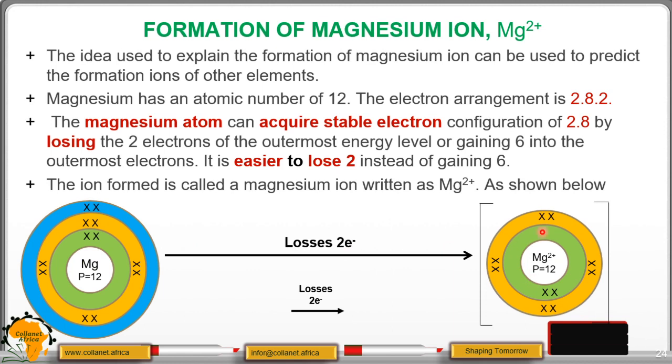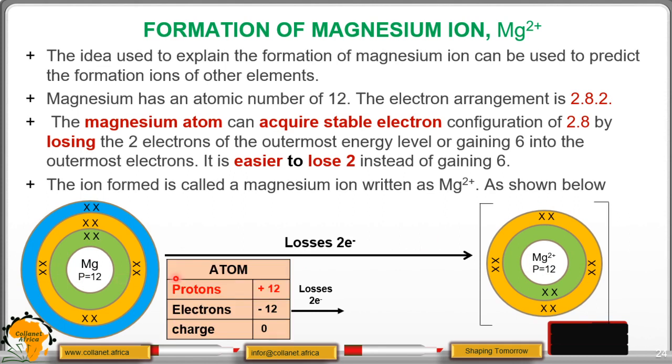So this one will be less by 2 electrons. But remember, the protons in the nucleus are 12, and the protons here are also 12. So protons do not take part in any chemical reaction. What take part are the electrons.